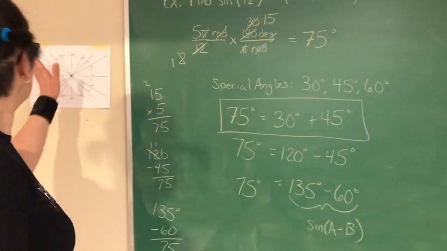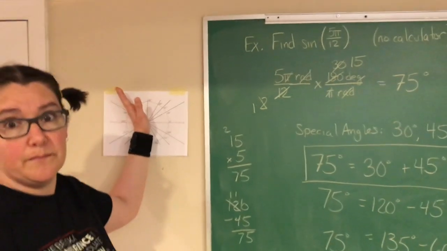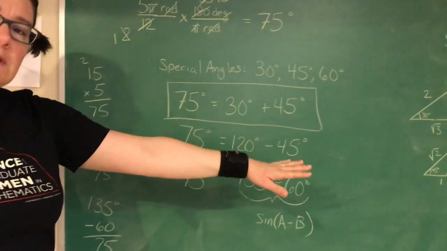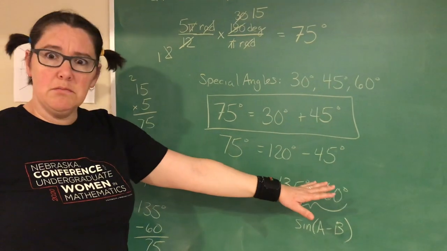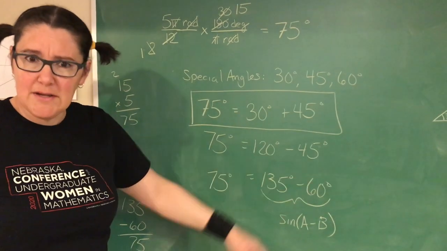So that is an angle over here in quadrant 2. Okay. So try that out and see if you get the same values. If you don't, send me an email. If you do, and you want to show me what you came up with, send me an email.